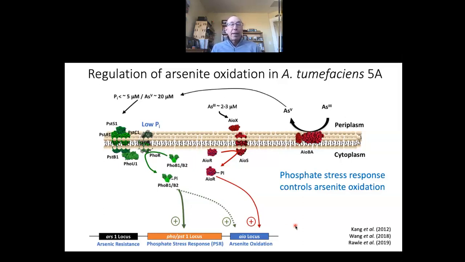Arsenate can then be taken into the cell through the phosphate transporters, and we've shown that it can be accumulated into lipids. There's also crosstalk between the phosphate stress response and the arsenite detection, and vice versa.